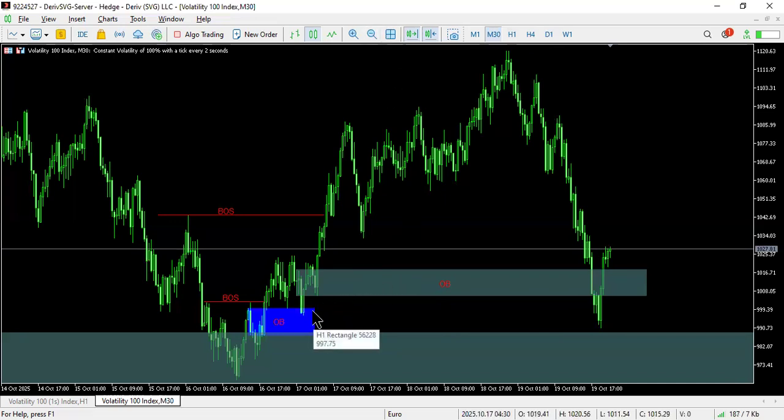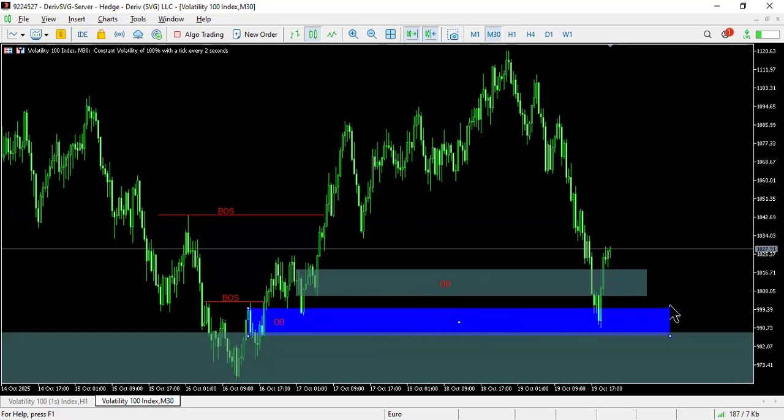So from the M30, it looks like price came back to this order block, to this our internal order block.